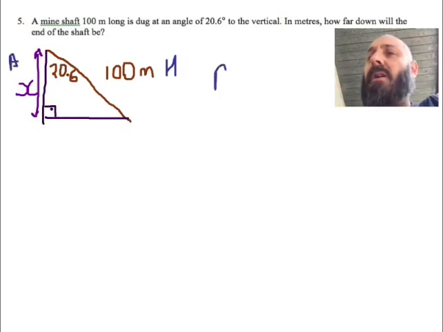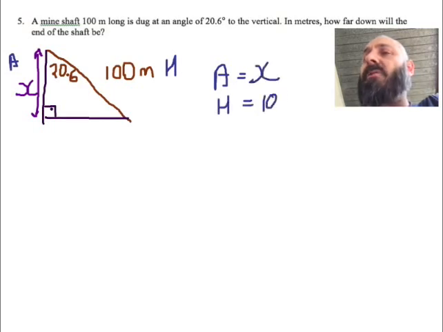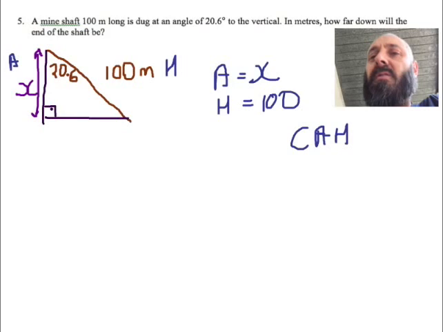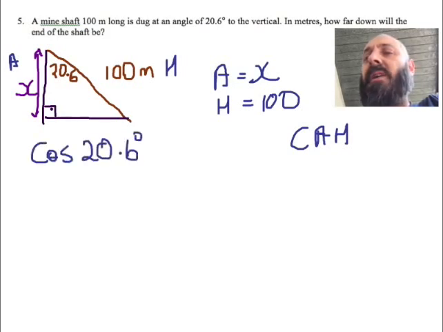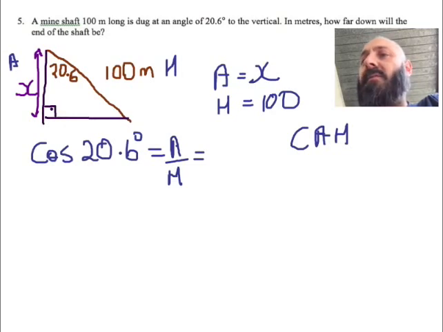So my adjacent is x, my hypotenuse is 100, and hopefully for my Sohcahtoa, S-O-H-C-A-H, we can see that we're going to use cosine. So cos 20.6 degrees is adjacent over hypotenuse, which is x over 100.